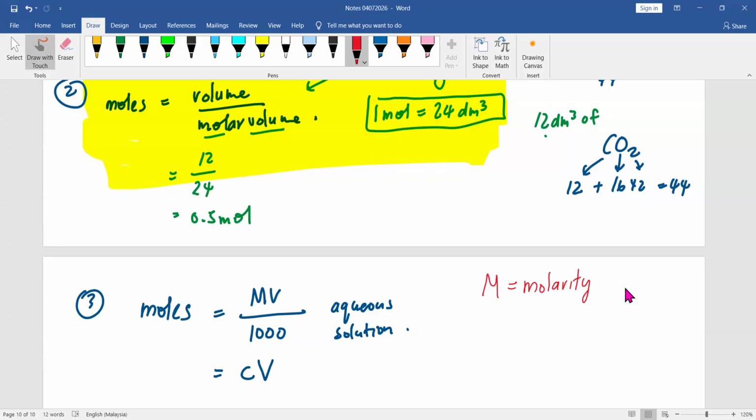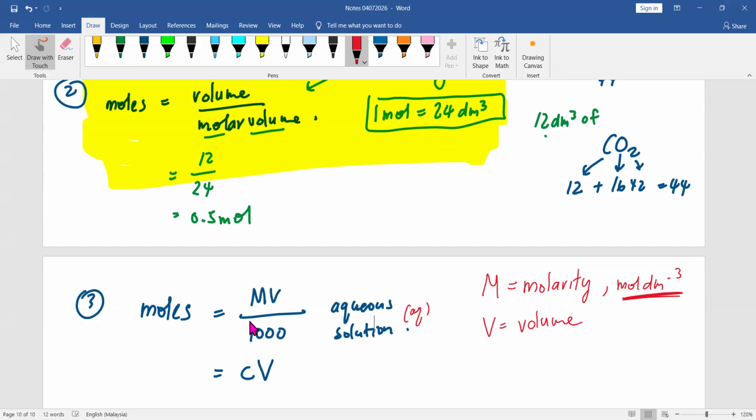The difference is molarity, the unit is moles per decimeter cube. Whenever you see this unit, you know you're using it for an aqueous solution. Whenever you see this unit, it is M. Now V is for volume.